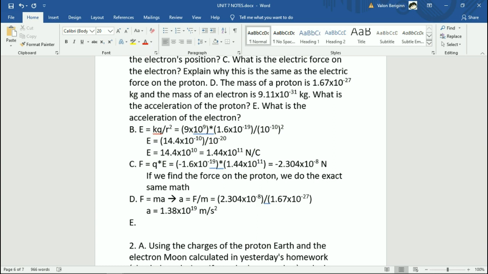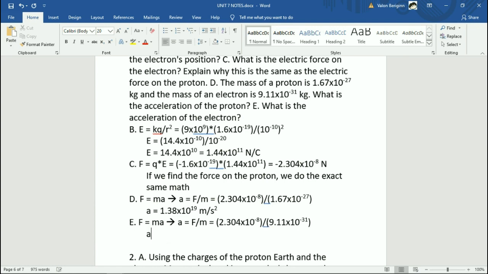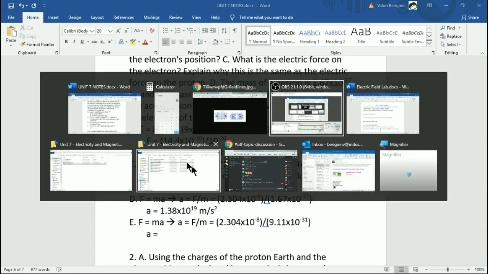So E, exact same kind of thing. Only difference being that now we are going to use the electron mass instead. The force is the same, divided by the electron mass, 9.11 times 10 to the negative 31. Okay, and so we get... Oops, I'm running out of room.